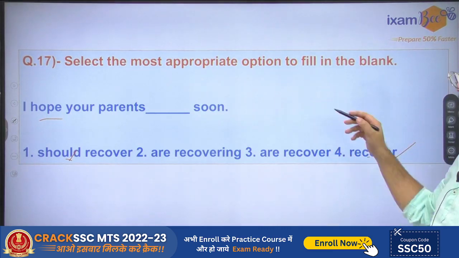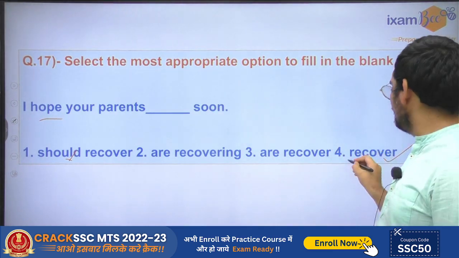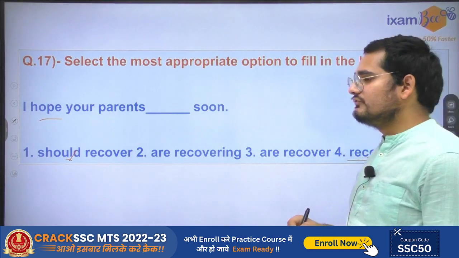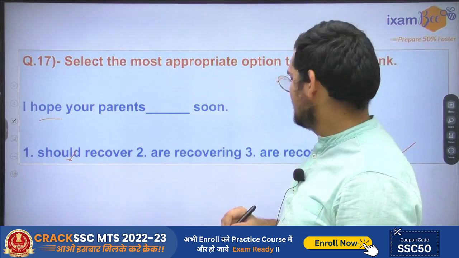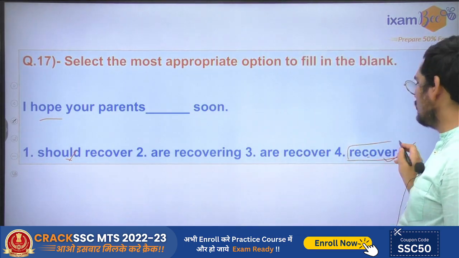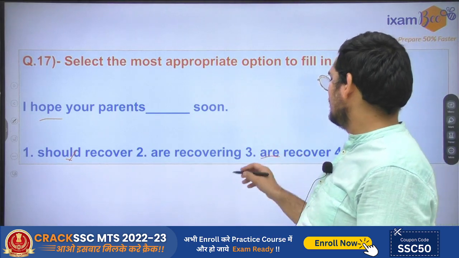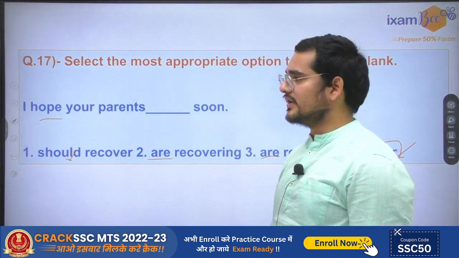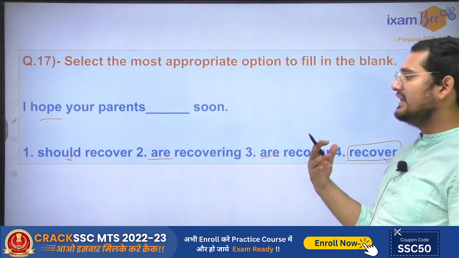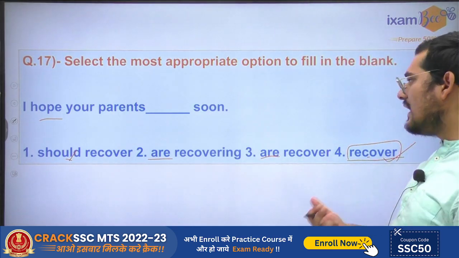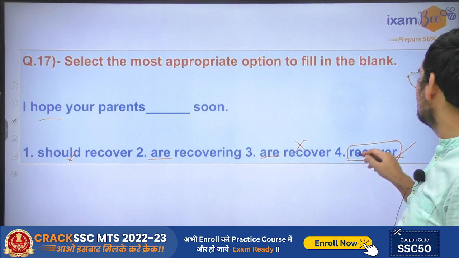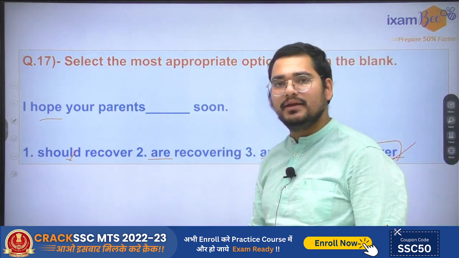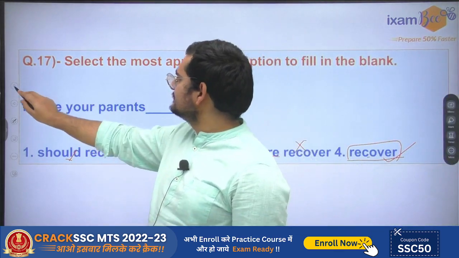We need to use the verb's base form here. So recover would be the correct option. We don't need any other helping verb or modal verb with it. So it won't be "are recovering soon" or "are recover". It doesn't mean anything. So recover soon would be the correct option.